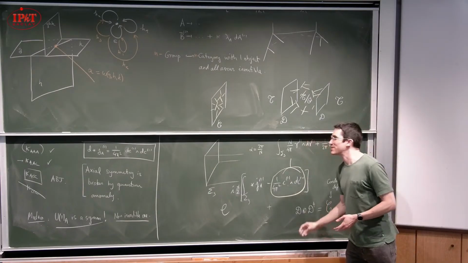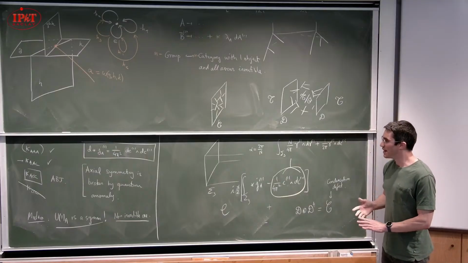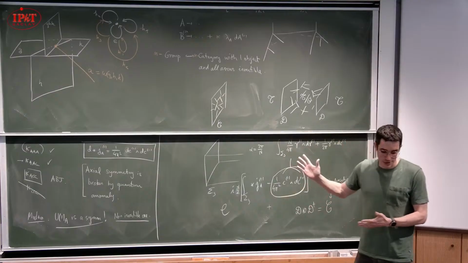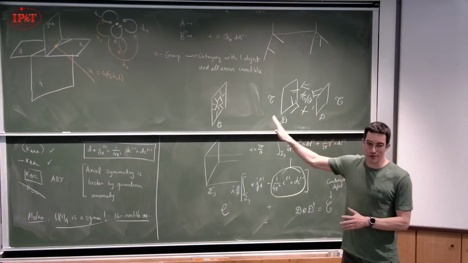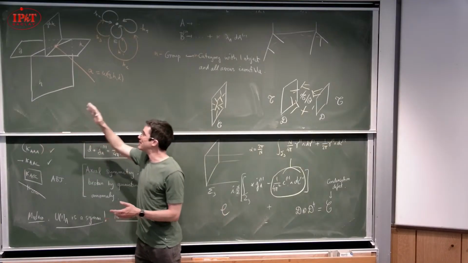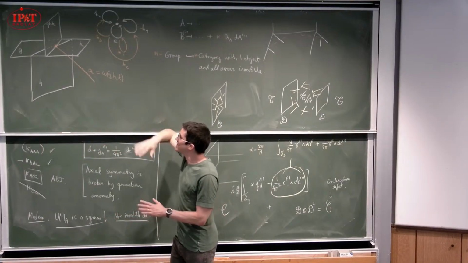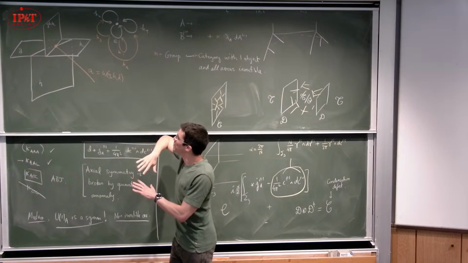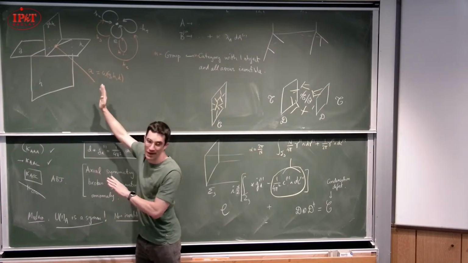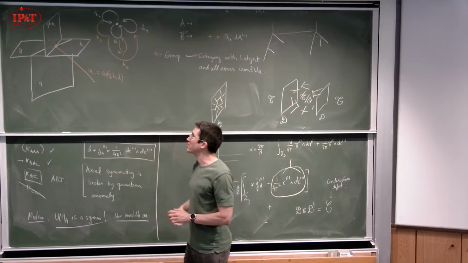Okay, so this was very, very brief at the end. Let me summarize very briefly. The question of today, I think we more or less answered the first part. If you gauge with this kind of anomaly, you get these higher groups, which are still groups. Everything is invertible, but the higher-dimensional part cannot live by itself, so you need to add more.